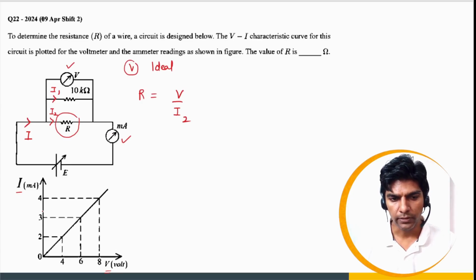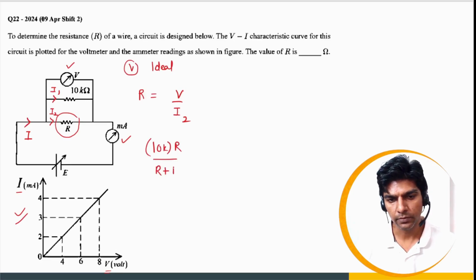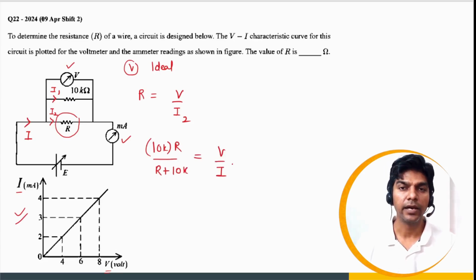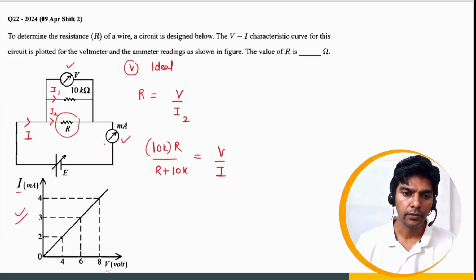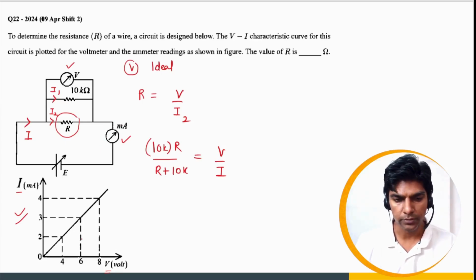But if you go by this graph, it will give you the equivalent resistance of 10 kilo and R. So we can say 10 kilo times R upon R plus 10 kilo will be V upon I, where I is the current reading shown by the ammeter.